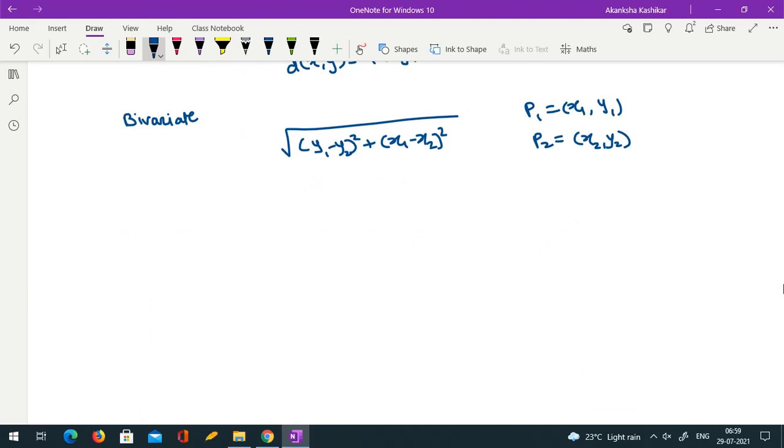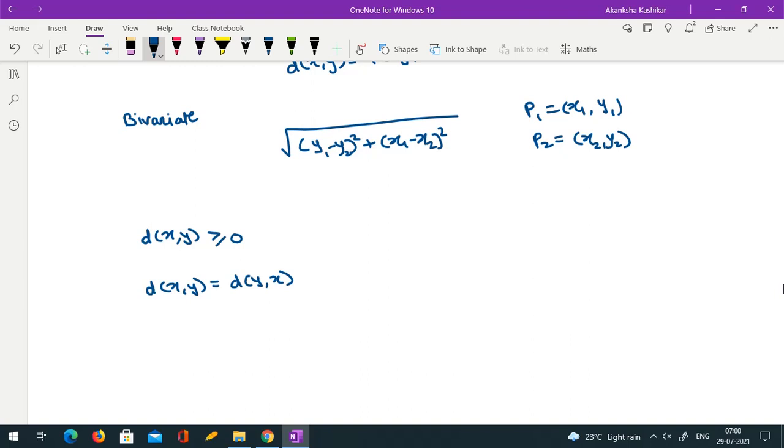Then distance xy is equal to distance yx. Let me try to write it down. First, distance xy should be greater than or equal to 0. Then distance xy should be equal to distance yx. Anything else?